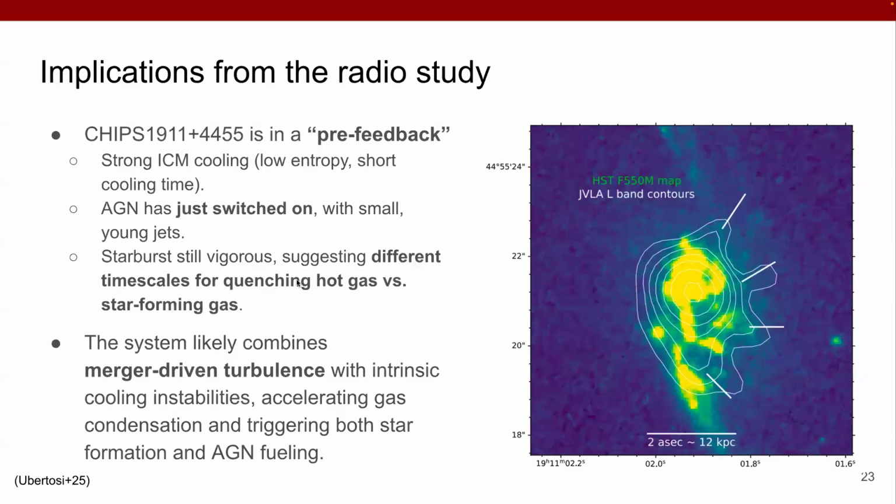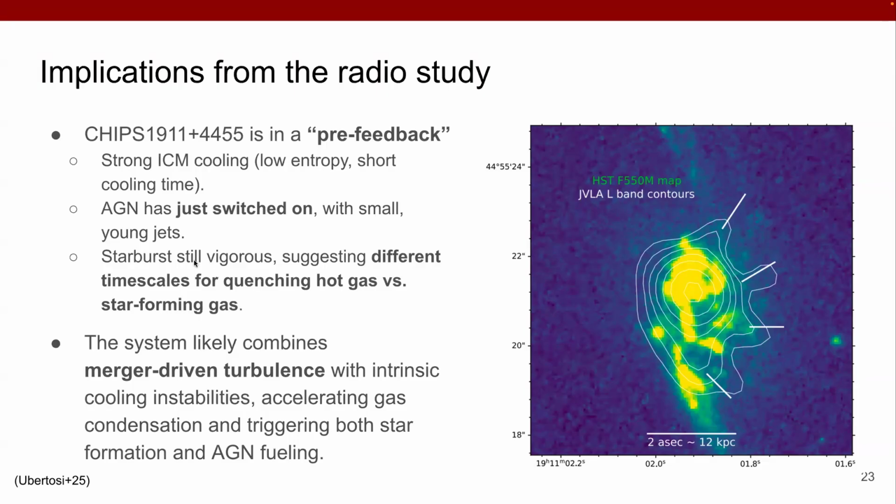Okay, so what did the radio tell you? What the radio study claims is that this BCG here is in the pre-feedback phase. The pre-feedback phase here means the AGN is just about to start to turn on. The AGN is super young. It doesn't have enough time or energy to heat up the gas to stop the cooling from happening, but it's coming.